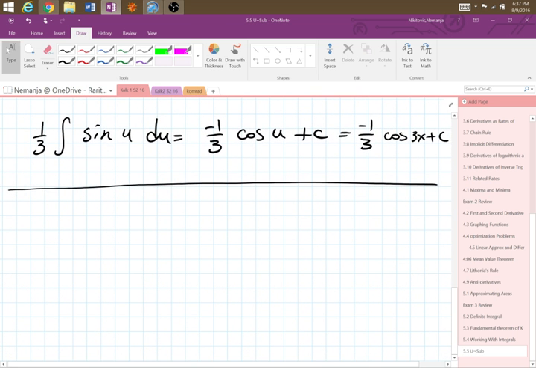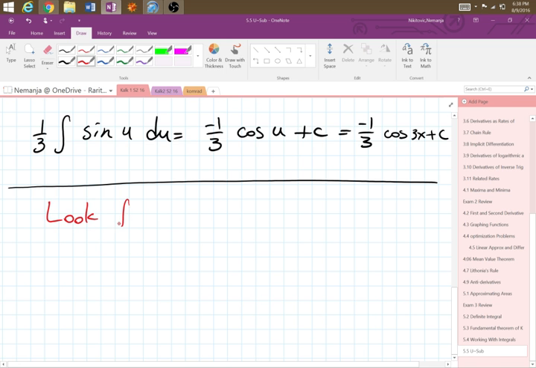So some of the problems could be trickier. The first one that I'm going to show here is this. Well, let's talk first about the concept in red. The way I figured this out, the easiest way for me to figure it out, was to always look for a function derivative pair.